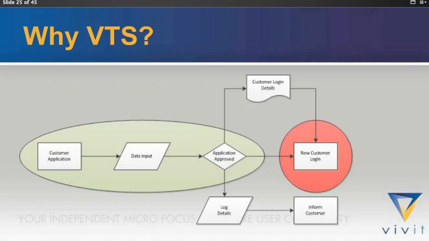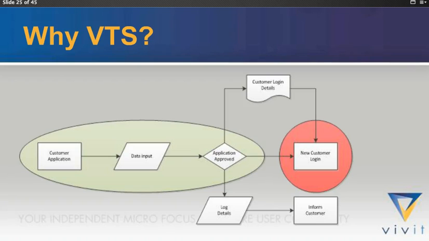So this is one example of how and why you might want to use VTS. In this picture that I've got on the screen, you can see two ovals, each of which represents a business process. The first one is a new customer, for example, maybe applying for a loan in a bank or just joining a retail e-commerce site.